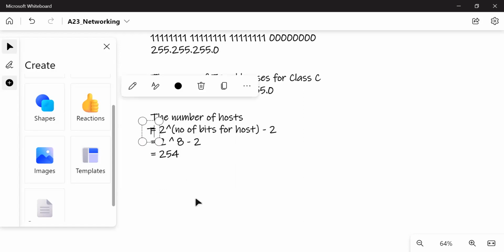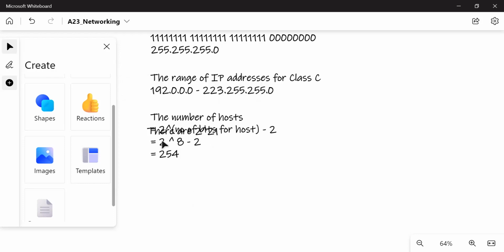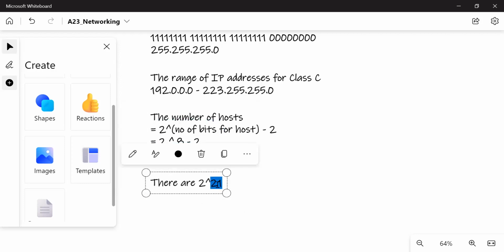Why 2 to the power 21? Because the first 3 bits are fixed, and only the remaining bits we can change.